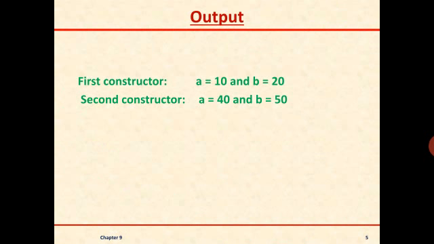As I have told, the characteristic of a parameterized constructor is that you can create any number of objects and all the objects will have different sets of values. It is possible to initialize different sets of values with the help of a parameterized constructor. So in this way you can see the output.